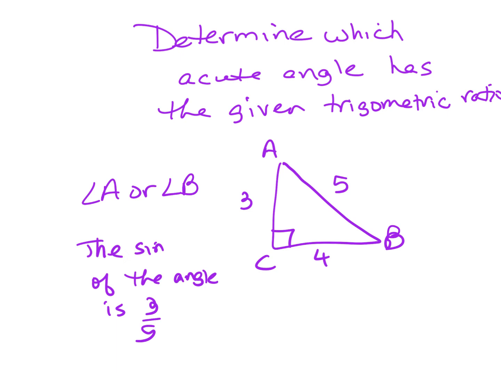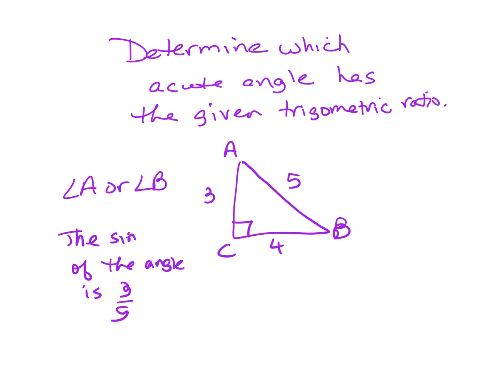So they want us to know which one would give us the answer 3/5. The way that you'll do this is do both. Do sine of A, do sine of B, and see which one gives you the answer of 3/5.